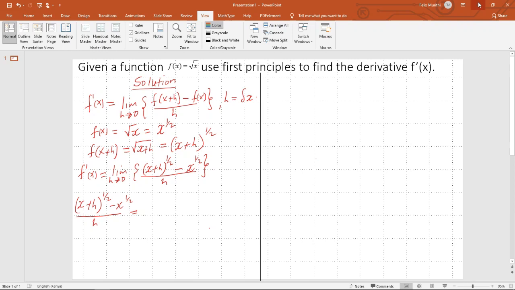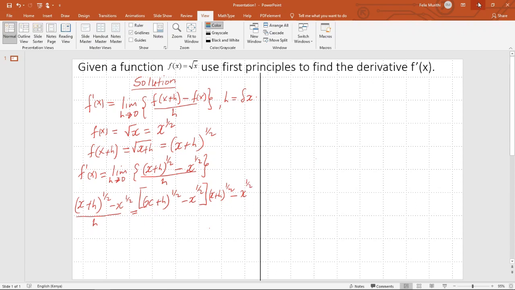This will be given by x plus h power half minus x power half, multiplied by its conjugate, which will be x plus h power half plus x power half.